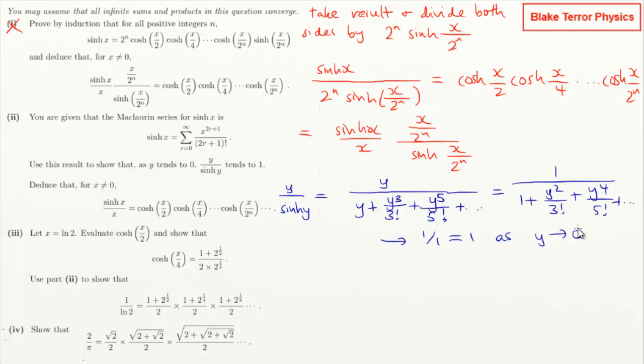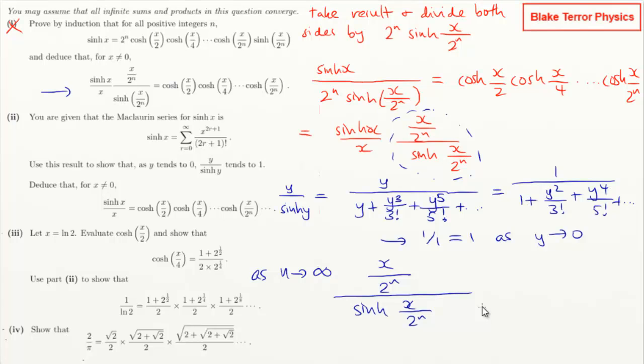Right, okay, so this has got similarities to what we had up here, which is why it's been written in that weird way, I would imagine. So we're trying to show then that as n goes to infinity, we want this second part here to be going to 1. So as n tends to infinity, we've got x over 2 to the n divided by sinh x over 2 to the n.